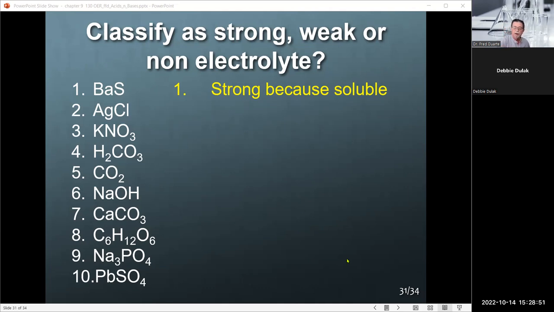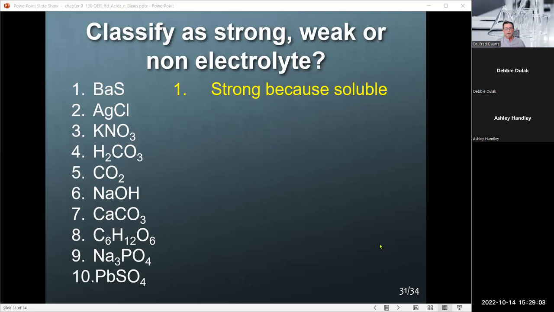All right, silver chloride. A good flag here is silver, okay? Silver should indicate a heavy metal, which normally would suggest insoluble. So we go and verify it.